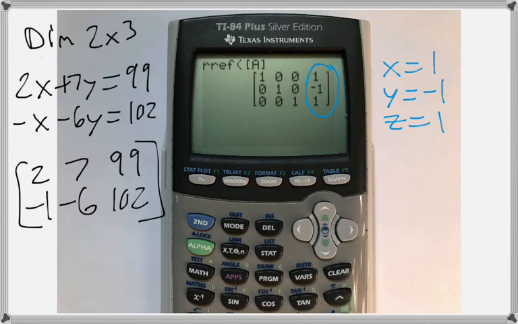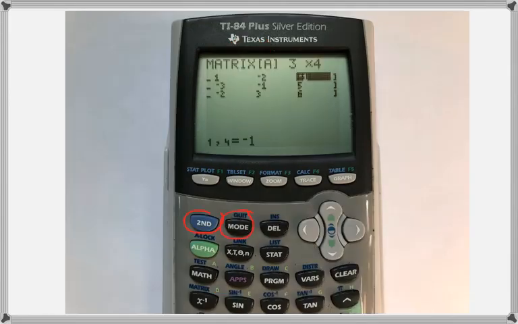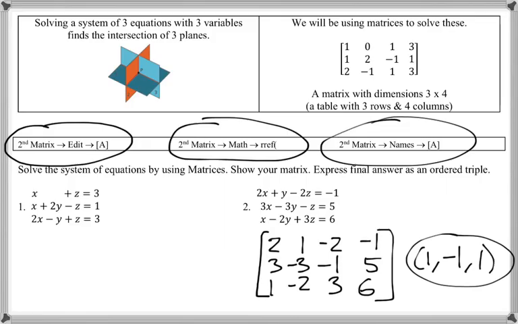So this can be used for just the XY systems of 2 equations, 2 variables, but we primarily use it for the 3 equations, 3 variables. But it really will work for any systems of equations.